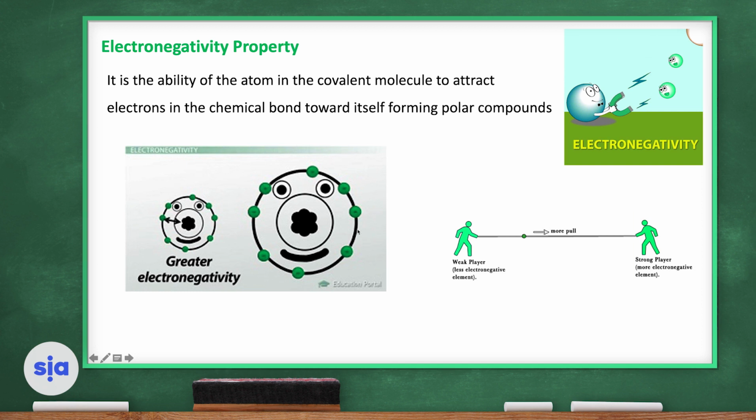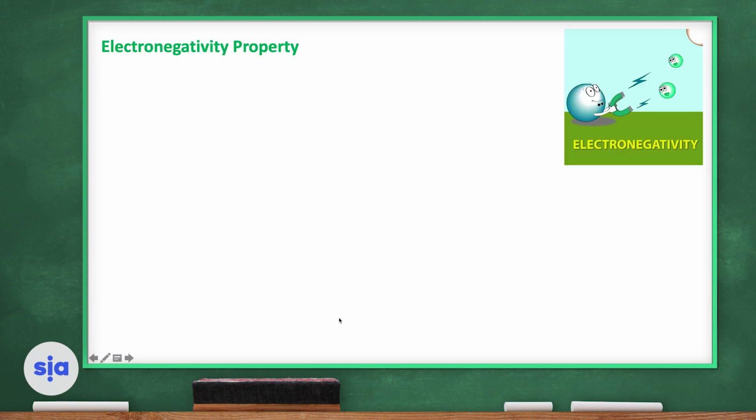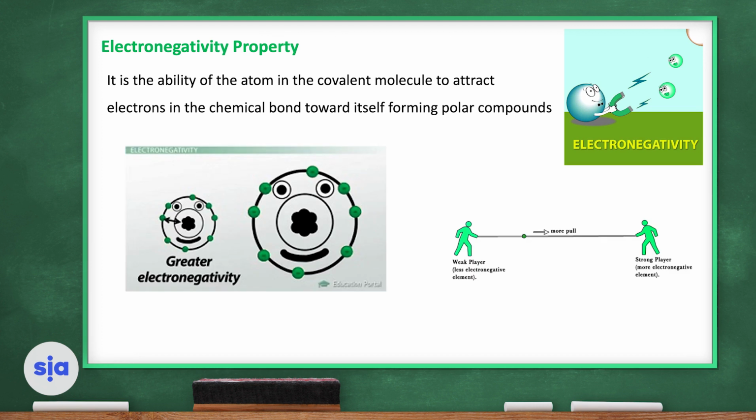Let's see in the previous slide, if these two atoms are sharing electrons together, which atom is able to attract the electrons to its side and become polar? This is called electronegativity. And of course, the atoms with small atomic size or small radius have greater electronegativity.